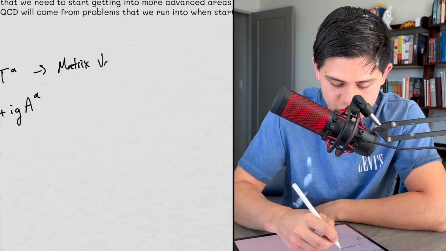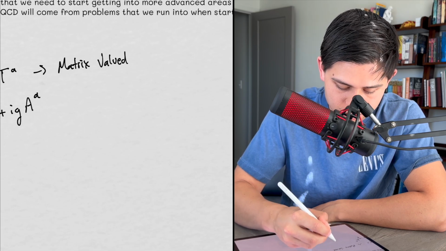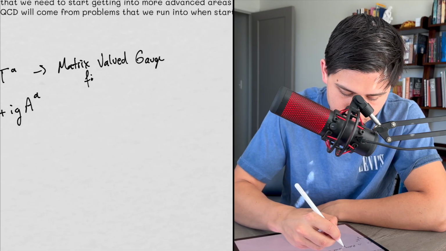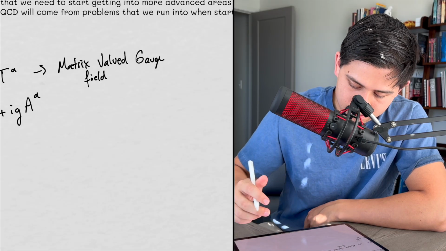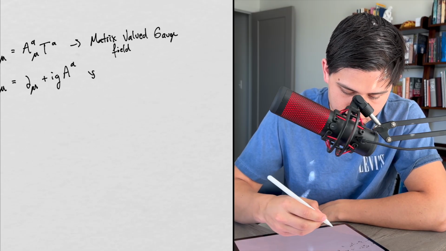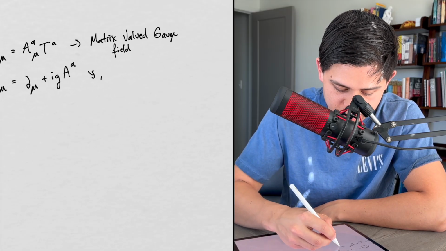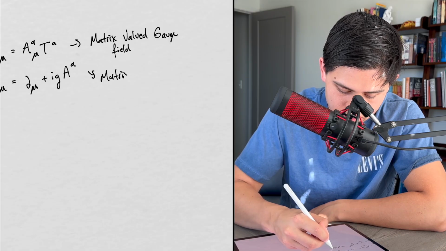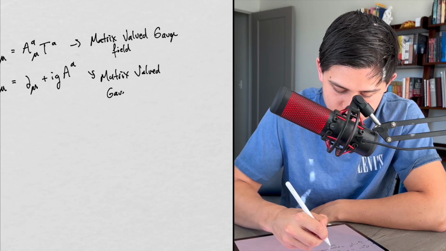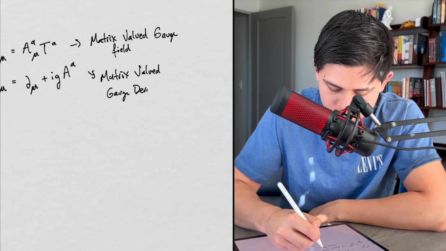We're calling this our matrix valued gauge field. And this is a matrix valued gauge derivative.